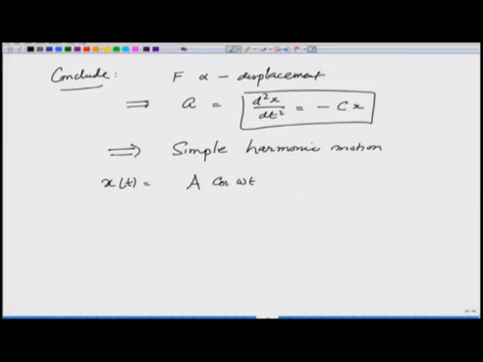Omega is equal to square root of c, plus b sine of omega t.